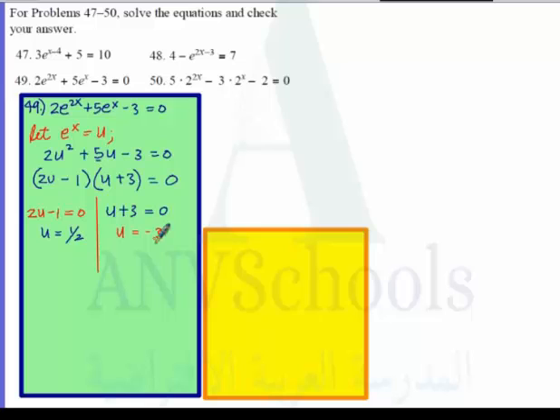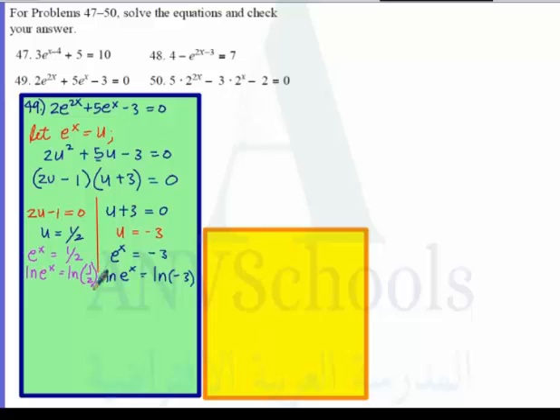And because u is e raised to x, then e raised to x is equal to -3. Okay? And if we take the natural logarithm of this one, ln of e^x is equal to ln of -3. And on the other side, we have e raised to x is equal to 1/2. Therefore, ln of e^x is equal to ln of 1/2.